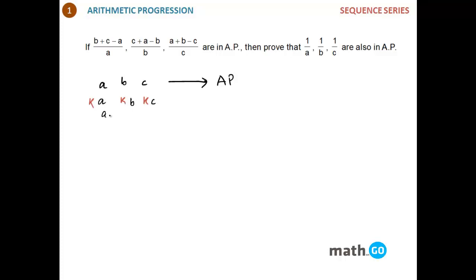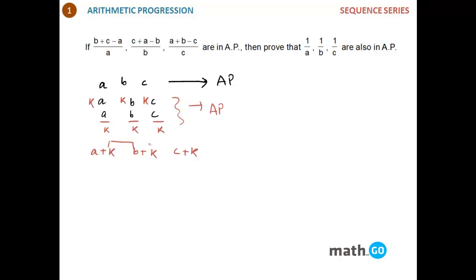Even if I divide all these numbers by K, then also all of them are in AP. Another interesting property: if I add K to all three numbers, then also it's an AP. Why? Because you can very clearly see, if you just subtract these two, what you will get?